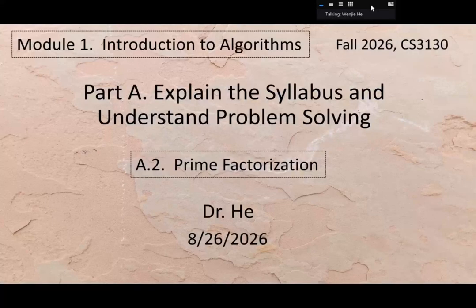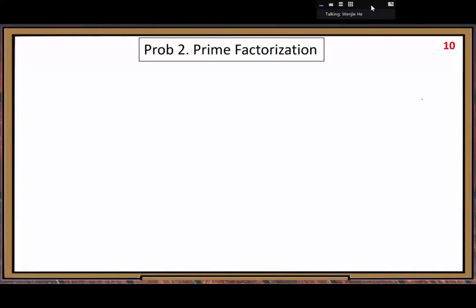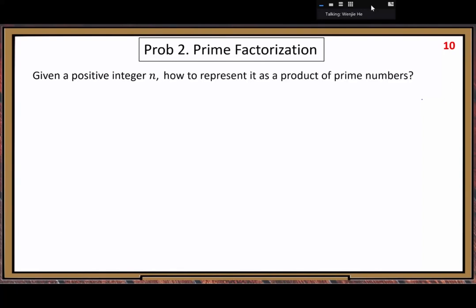Next, 8.2, another topic: prime factorization. Our second computing problem in this class: given a positive integer m, how to represent it as a product of prime numbers. That's the prime factorization.